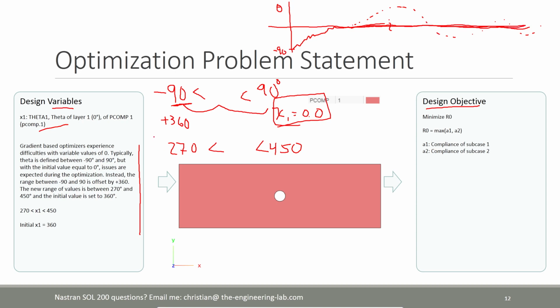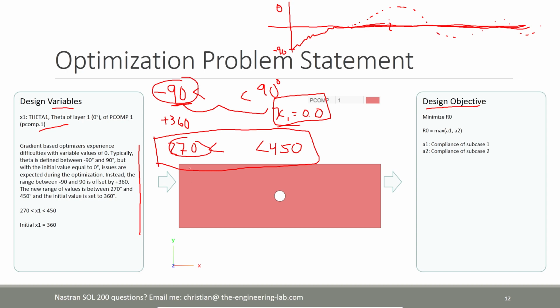The way we avoid this is by offsetting the range by 360 degrees. You'll notice that when we're calculating the stiffness of the composite, we're actually using a trig function to define the composite. And when we supply this trig function either -90 or 270, we get the same answers.